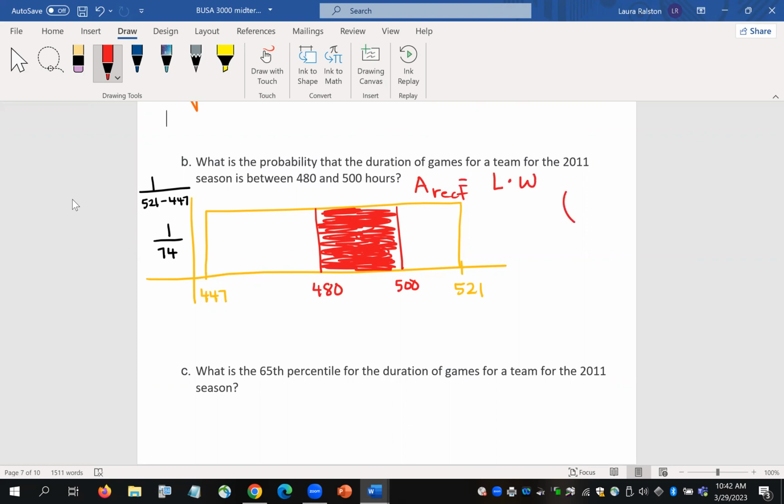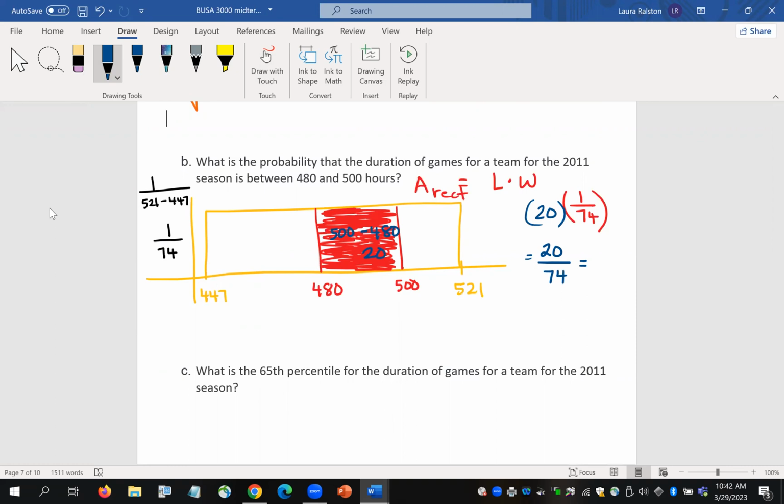The width corresponds to the probability, which is 1/74. I can determine my length. It's 500 minus 480, which is 20. So I have 20 divided by 74.